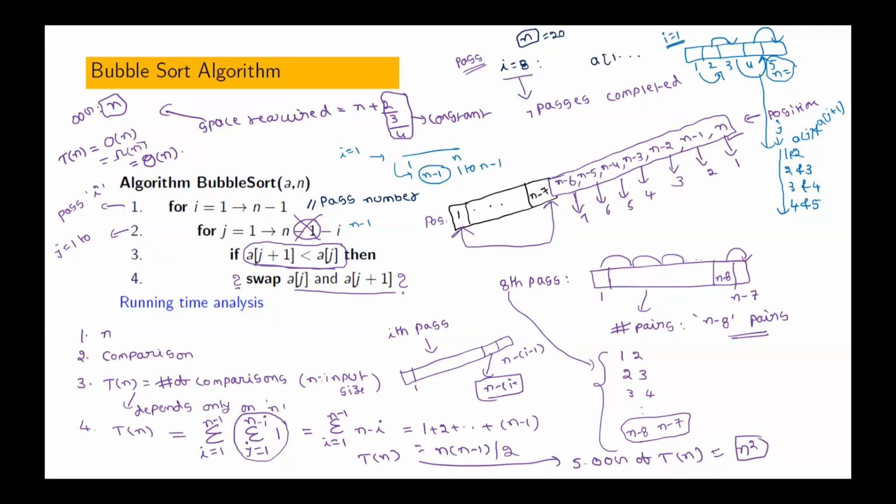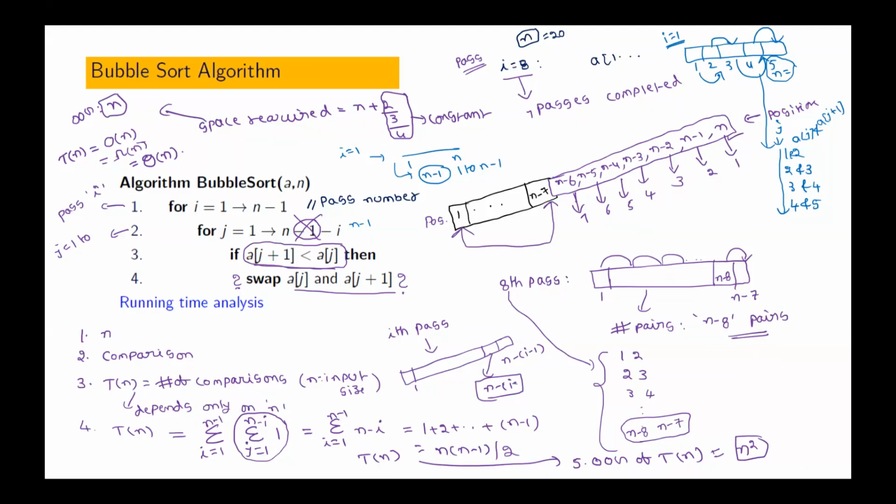Sir, in the third step, we are doing j plus 1. Maybe that will take care of comparing the last two elements, the last pair. That's why j plus 1 is there, and that's why with the j value we are going up to 1 less. If we want to compare 5 elements, I am going up to the 4th element only. When j equals 1, I am comparing a of 1 and a of 2.